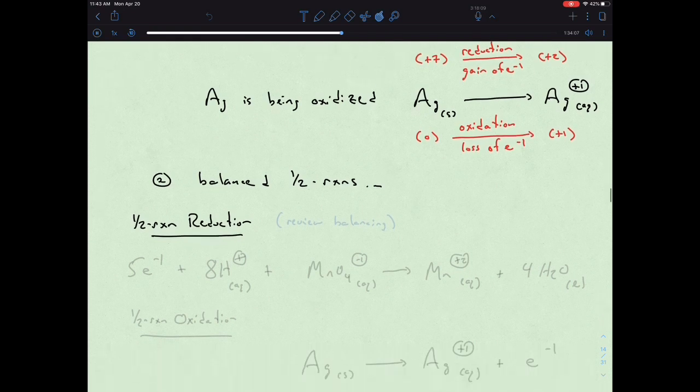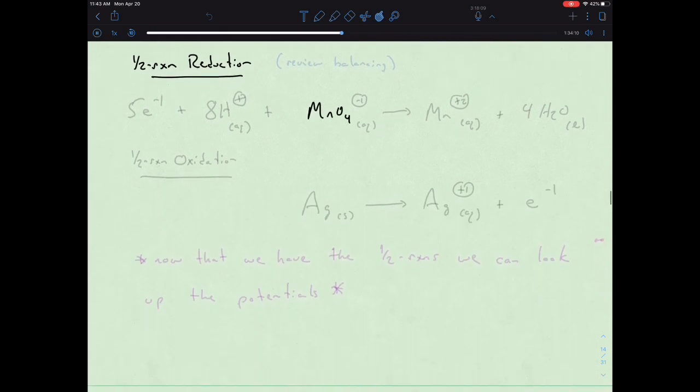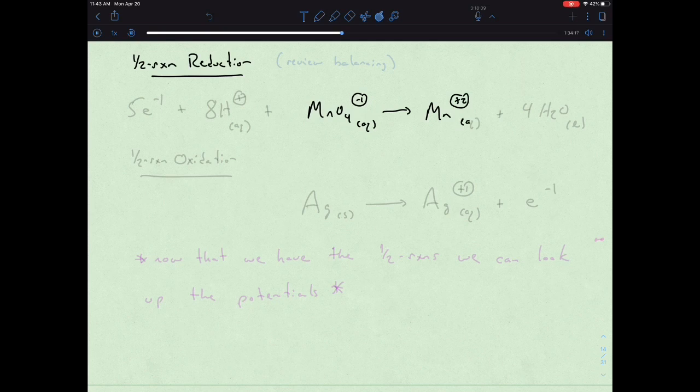If we have the manganate going to manganese +2, our manganese is already balanced, so we would add our 4 H2Os to balance out the oxygens. We would add our 8 protons to balance out the hydrogen.